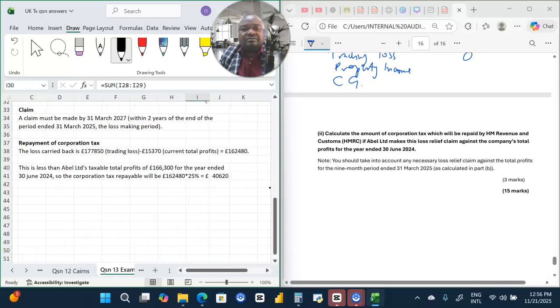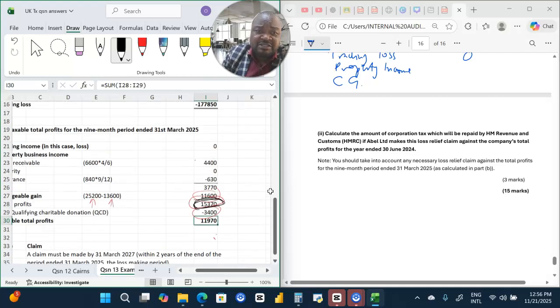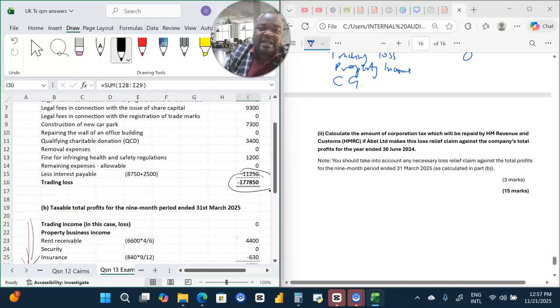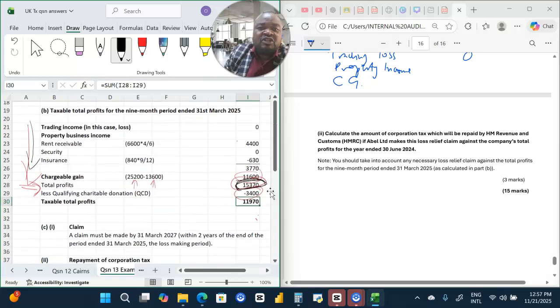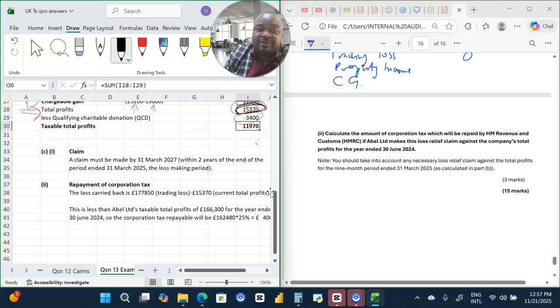So the loss carried back is 177,850, which was the trading loss. Remember, the loss to be carried back is the trading loss. We computed this on part A. So that's the loss that is to be carried back.